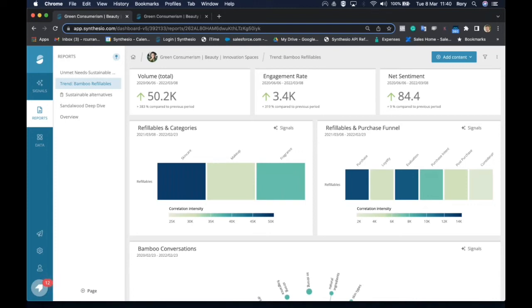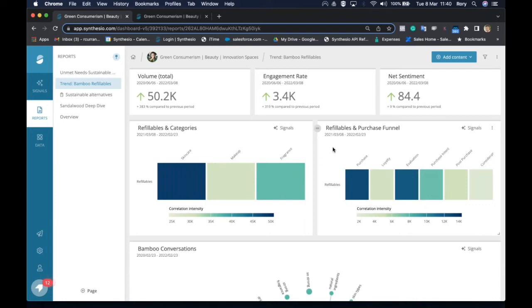But we also want to understand what the barriers are. As you can see here, we're also able to analyze the different stages of the consumer journey, from consideration to purchase to post-purchase. And rather interestingly, what you'll see here is that the correlation of conversations around the consumer journey and bamboo-based products is really heavily dominated by purchase and evolution.